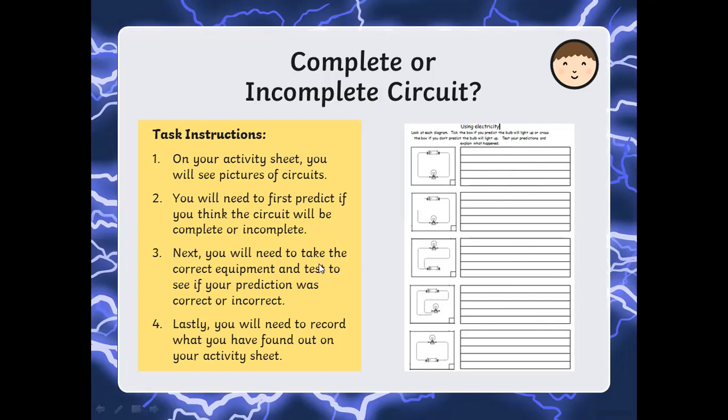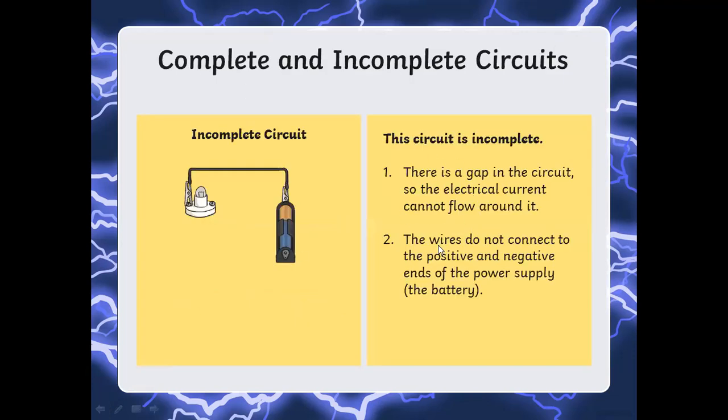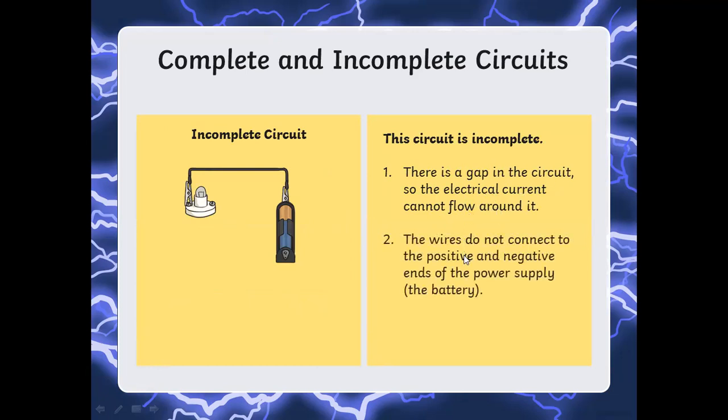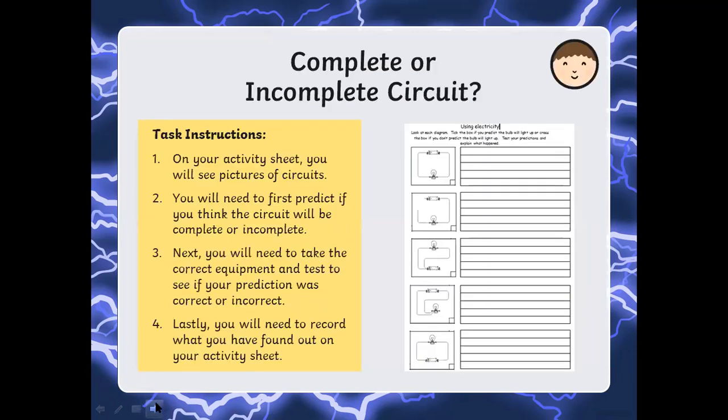And don't forget to use the correct terminology when you are describing what happens. So you can use the word circuit, electrical current, flow, positive and negative in your writing. That would be amazing if you could do that.